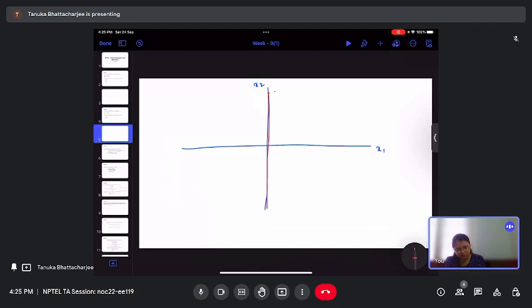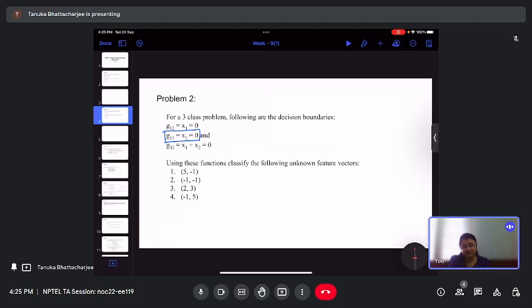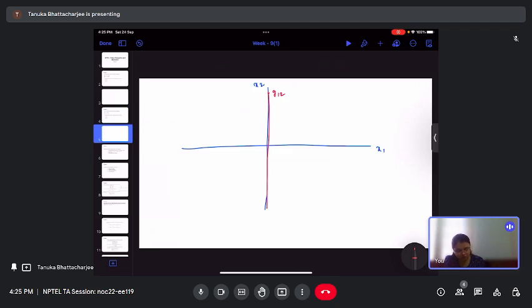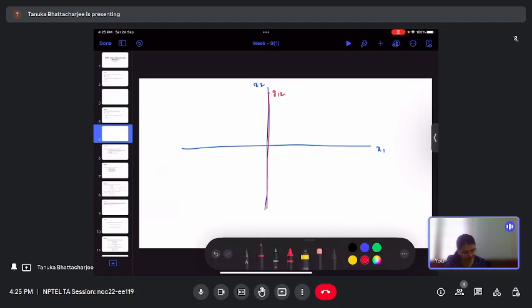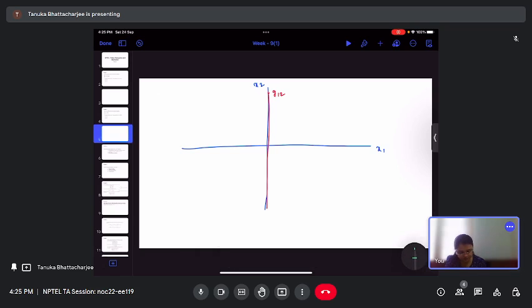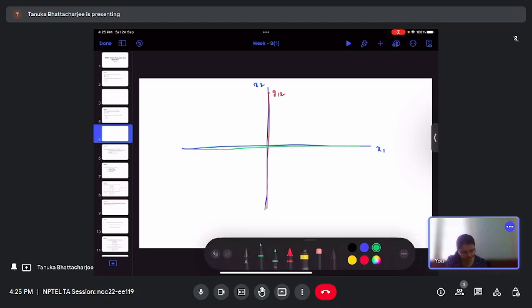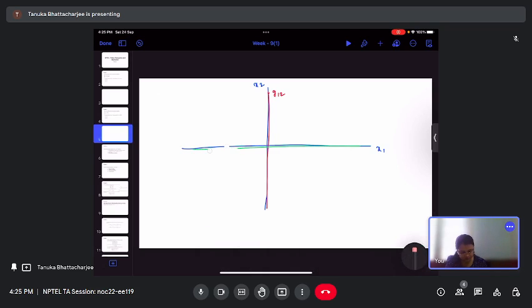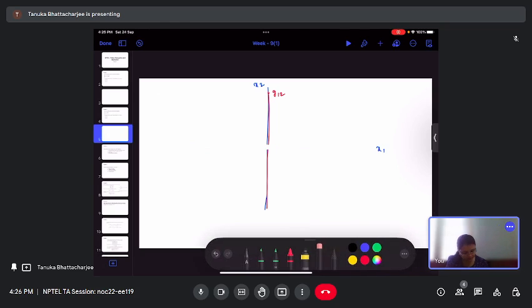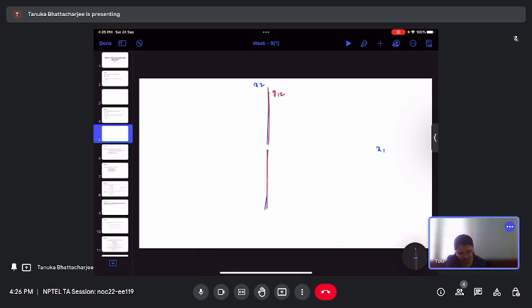This is your G12. Your G13 is x2 equal to 0 in this case, so this is along the horizontal axis.